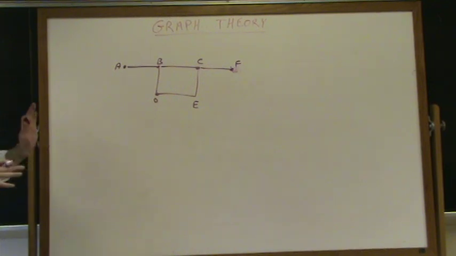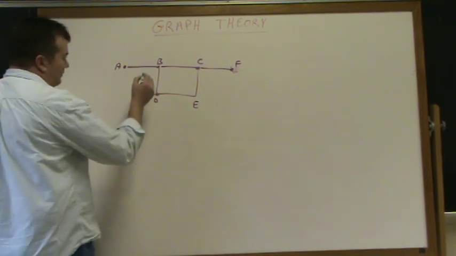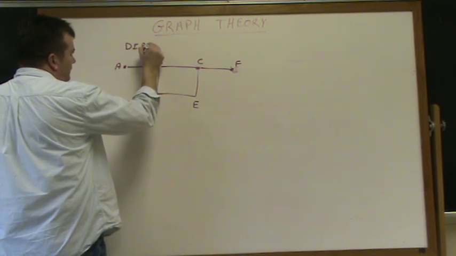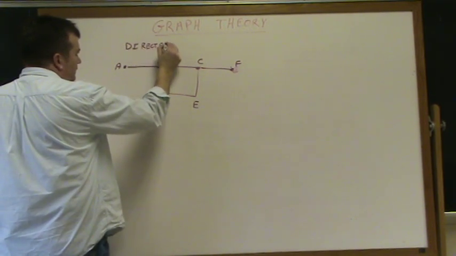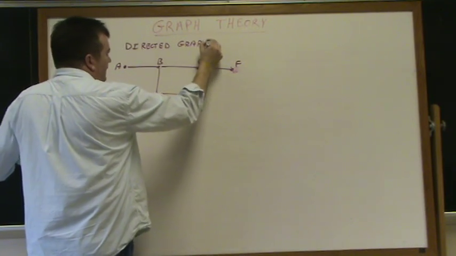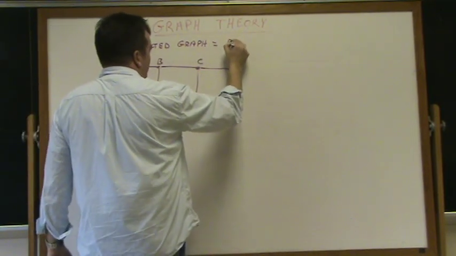So the graphs we've talked about so far, we're now going to have to give those a name. We'll call those undirected graphs. They have no direction on the edges. And now these ones we'll call directed graphs. So this will be a directed graph. And a lot of times they're referred to as digraphs.